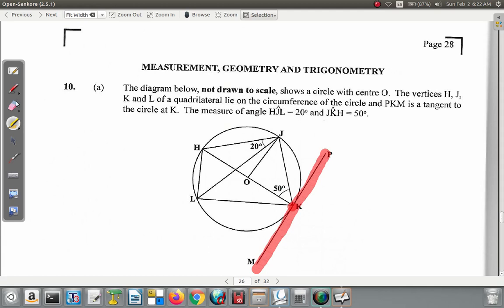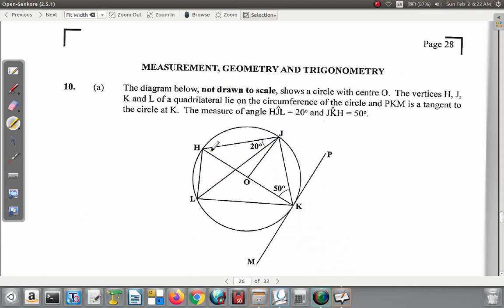The measure of angle HJL is 20 degrees right here.